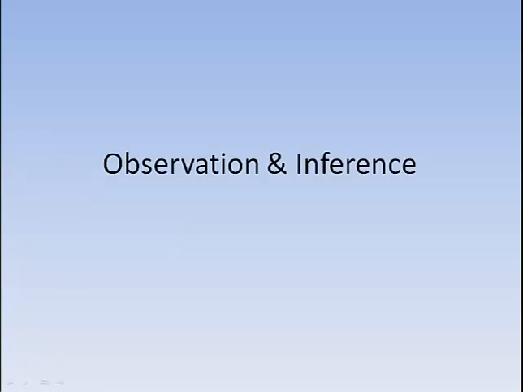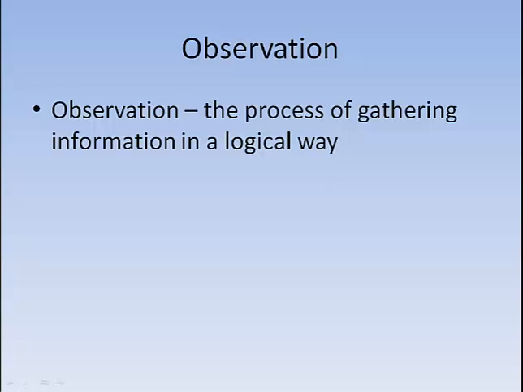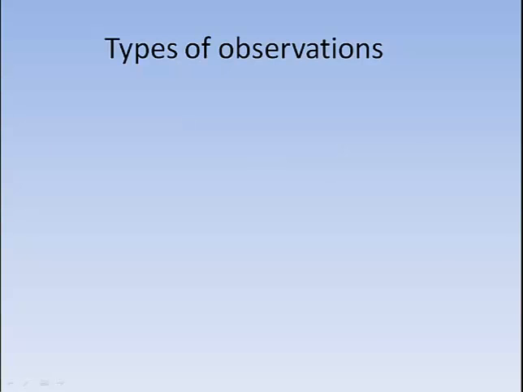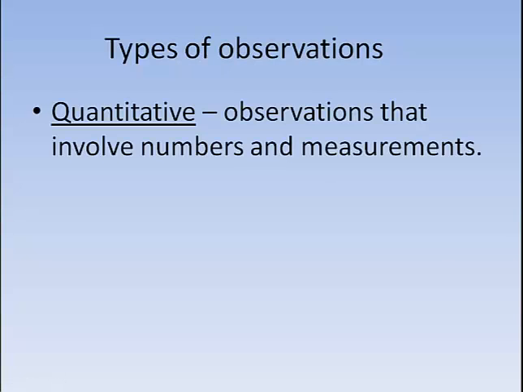All right, let's talk about observation and inference. An observation is the process of gathering information in a logical way. And there are two types. One type is called quantitative. Quantitative has an N in it. Quantitative observations involve numbers or measurements.